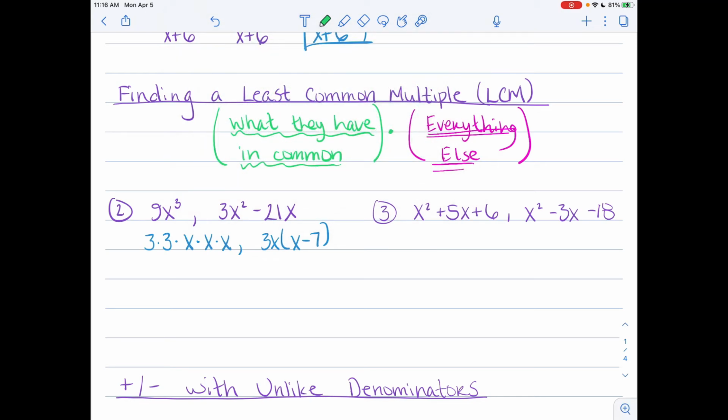I see a 3 here, and I see an x. So they have a 3x in common. What do they not have in common? This extra 3 does not appear in the second one. These extra x's do not. And then x minus 7 does not appear in the first one.